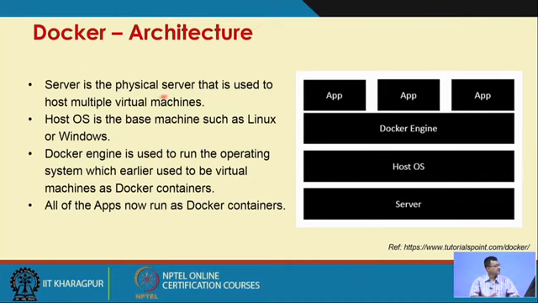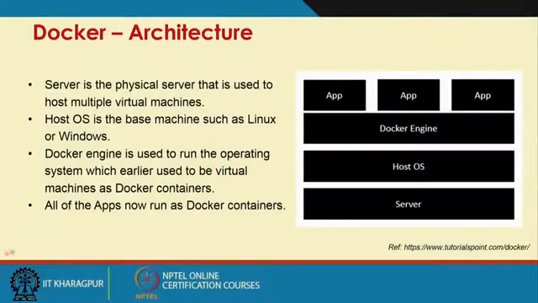Server is a physical server that is used to host multiple virtual machines. Host OS is the base machine such as Linux or Windows. Docker engine is used to run operating systems, which earlier used to be virtual machines, as Docker containers, right. And then finally, all apps now run on these Docker containers.